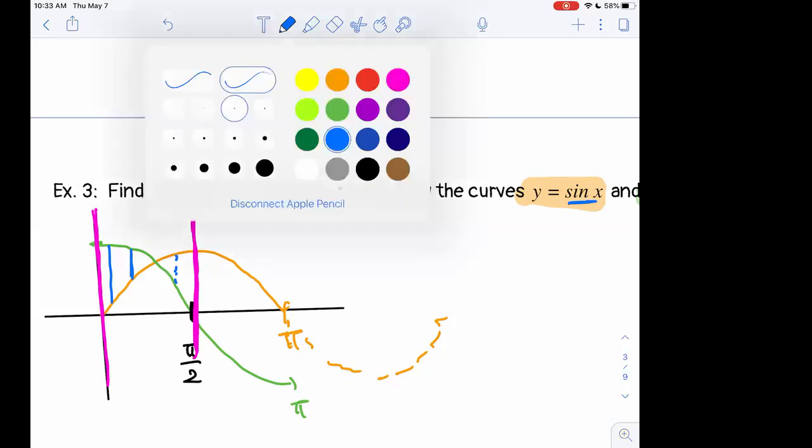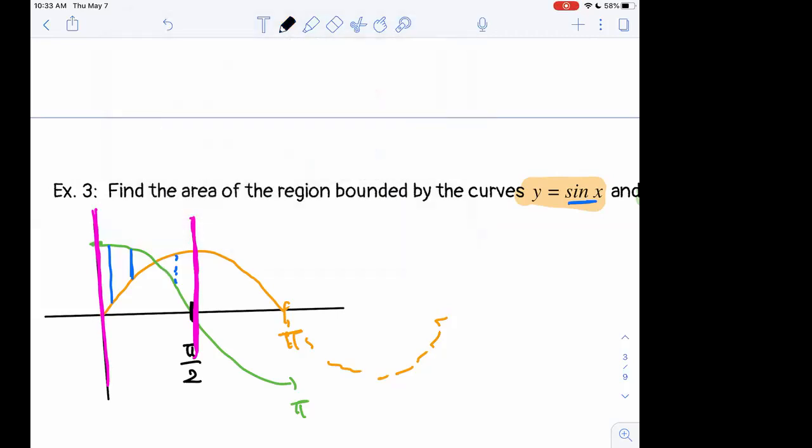I know that it's in the middle because I know that the sine and cosine have the same value at pi over 4. So another reason why it's important to know our trig functions is that it helps give us more information than possibly is on our graph.